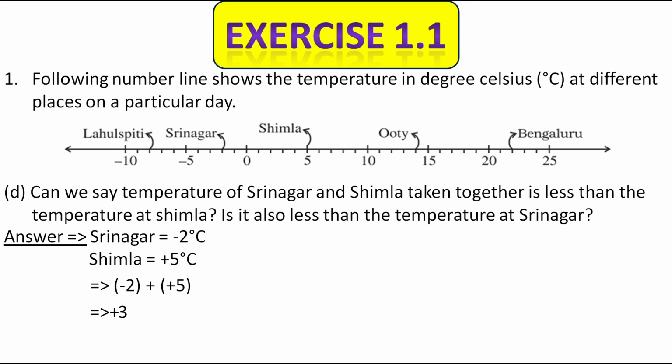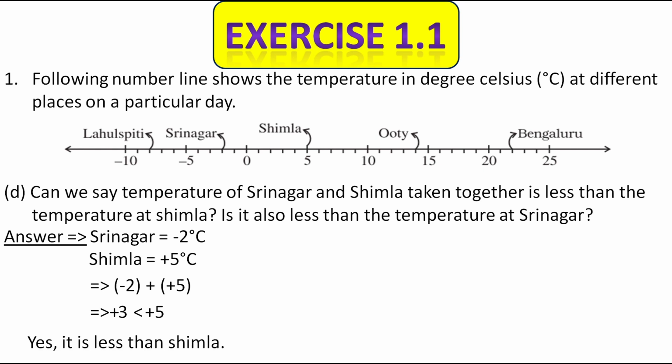So what they have asked is, can we say the temperature of Srinagar and Shimla taken together is less than the temperature at Shimla? Here plus 3 is less than plus 5, which is the temperature of Shimla. So yes, it is less than Shimla.